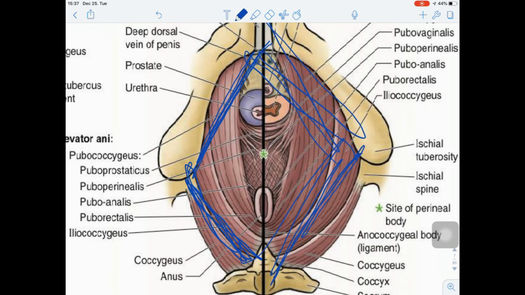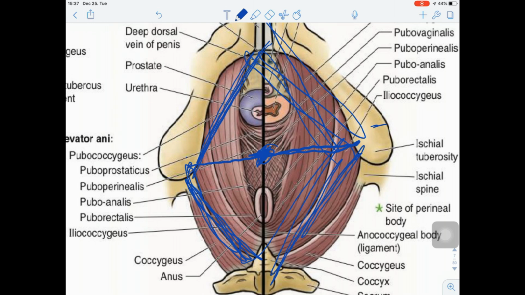Where you have the ischial tuberosities on each side, if you draw a line passing through the middle of the perineum, the very middle is called the central point of the perineum. And that's the location of a structure, which we learn again in the perineum, called the perineal body.